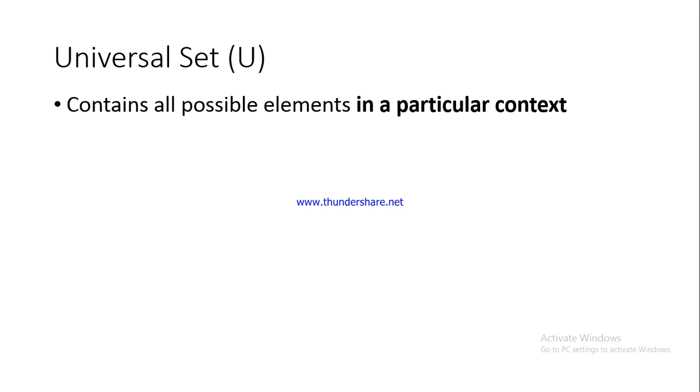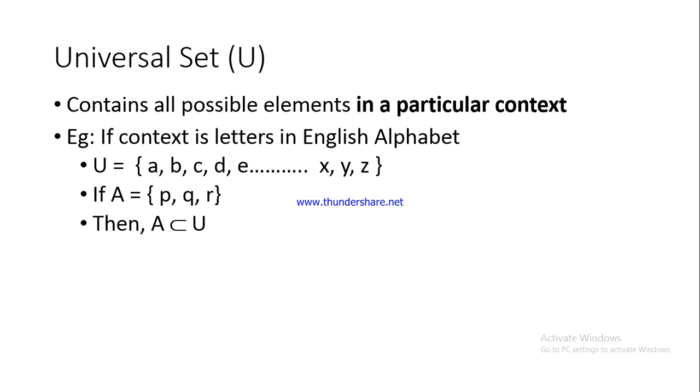It will contain all possible elements, but it has to be in a particular context. Now what do we mean by particular context? Please understand. If the context is letters in the English alphabet, the context here is all the letters in the English alphabet. So the universal set would be all possible elements A, B, C, D till X, Y and Z. All 26 elements will be part of the universal set. And the context is we are talking of the English alphabet.